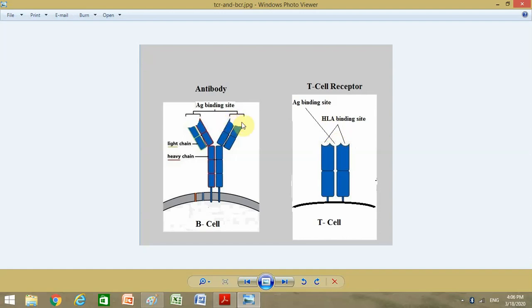However, antibodies can bind to free antigens. Also, the B cell, once activated, proliferates and releases this antibody into the serum. However, the TCR is always fixed on the surface of the T cell.